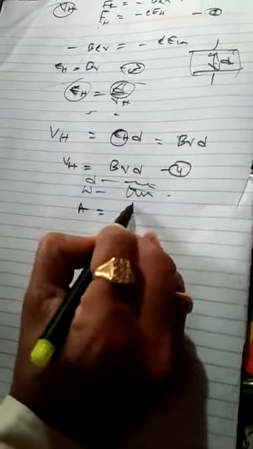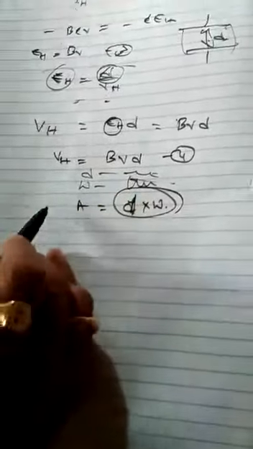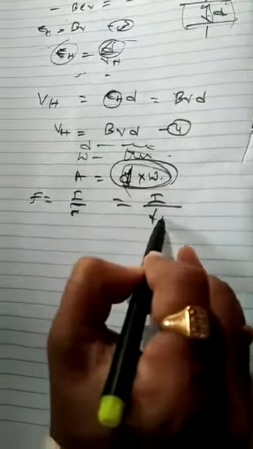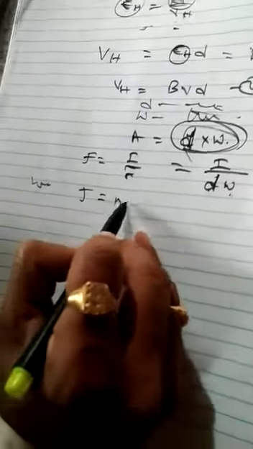The thickness of the slab is W, and D is the distance between the lower and upper surfaces. Then the cross-sectional area is the distance into thickness, that is, D into W. Now the current density is the current divided by the area, I by DW. We know that the current density can be written as J equals nev.